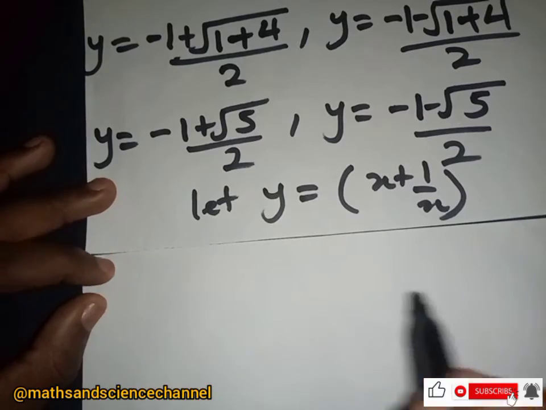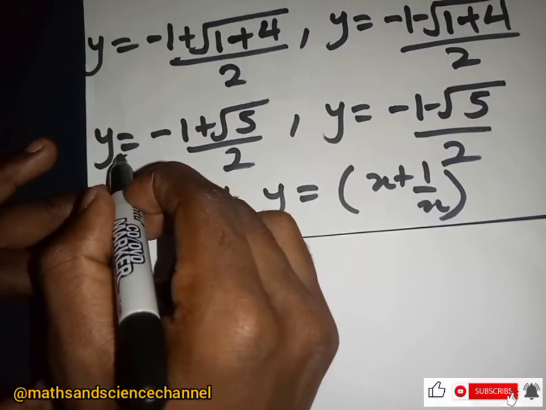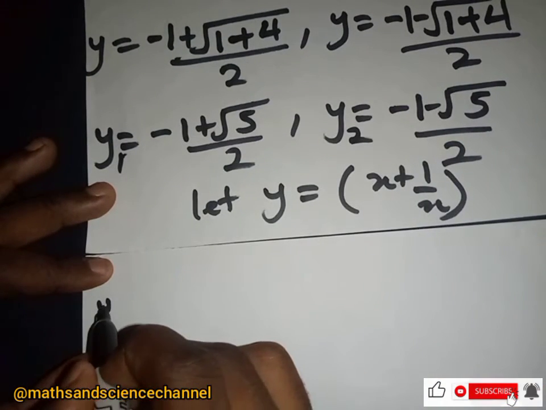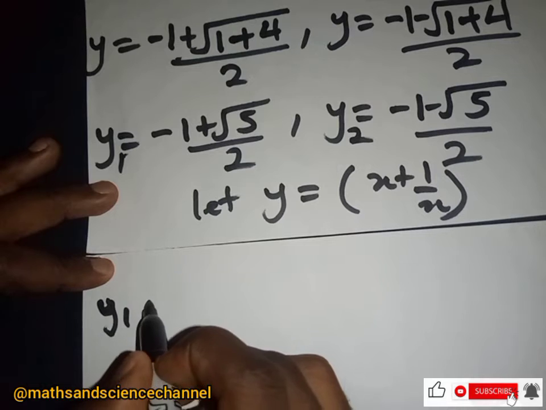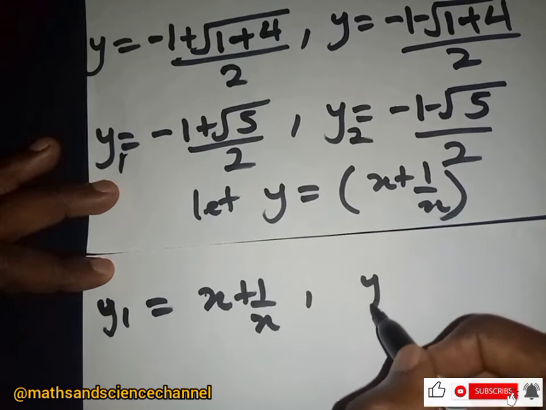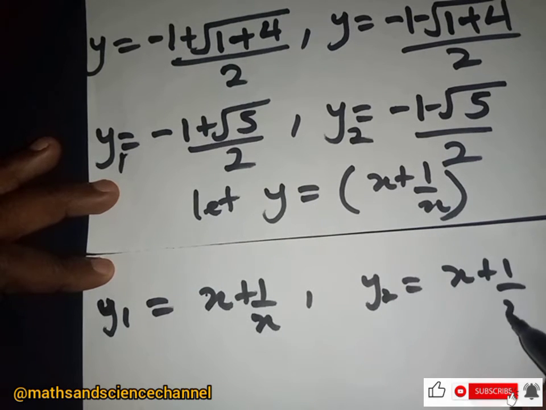Now let's take the first part. Let's call this y1 and let's call this y2. So for y1 we have y1 being equal to x plus 1 over x, and then y2 here being equal to x plus 1 over x.